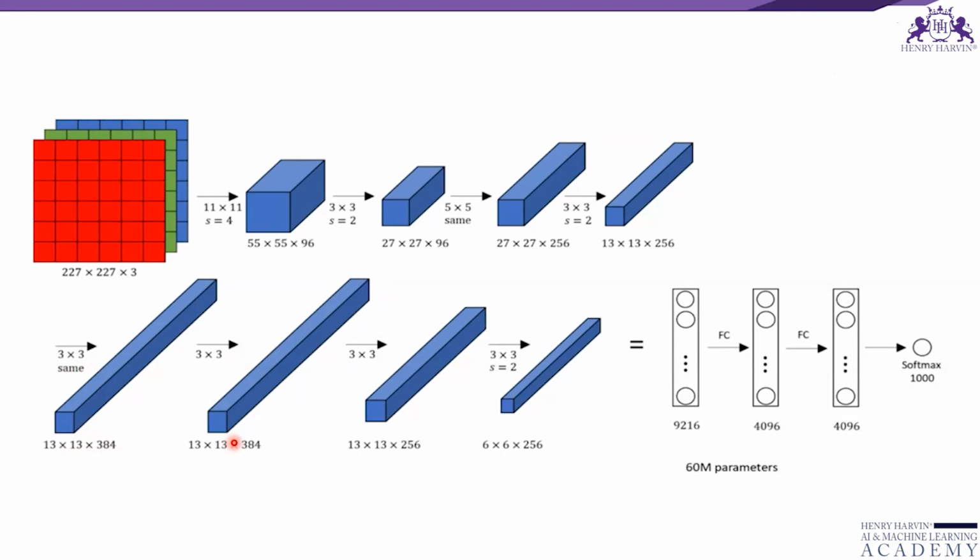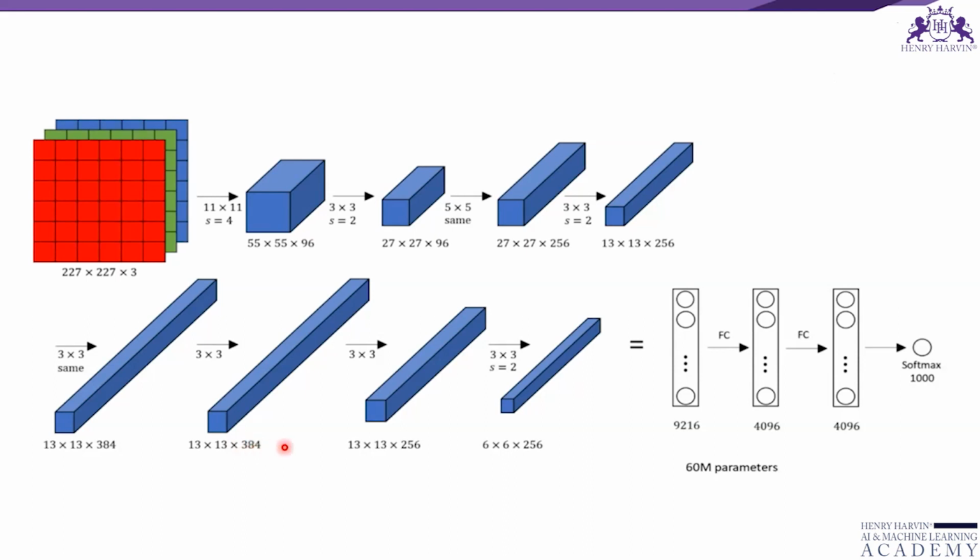That means the output of the convolution layer will have 384 channels, or 384 feature maps, and every feature map is of size 13 cross 13. So we have seen padding equals 1 for a 3 cross 3 kernel size, and that's the reason the size of every feature map at the output of this convolution layer remains the same as the size of the feature maps input to this convolution layer, right?